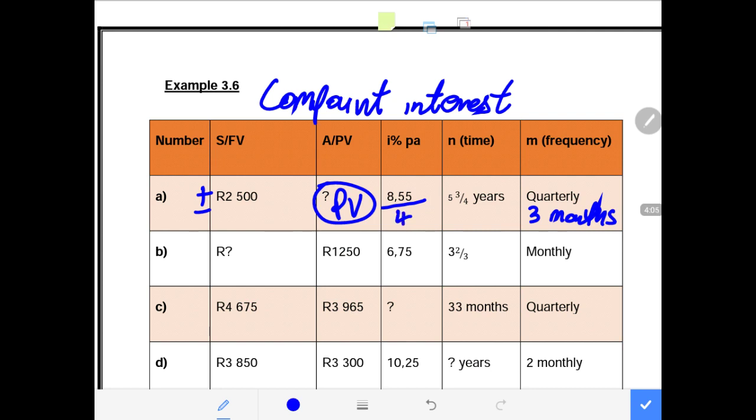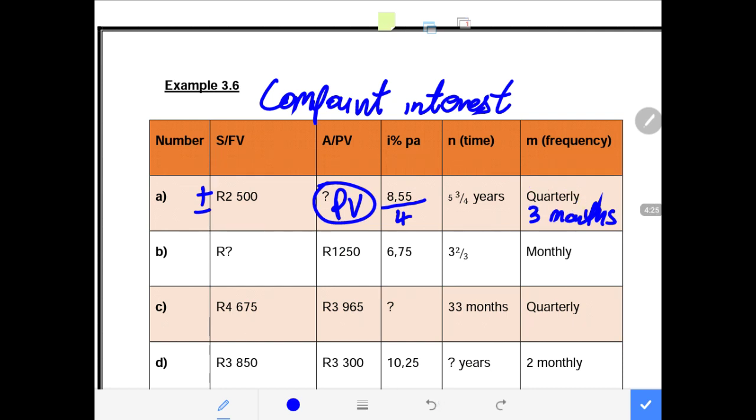So when we punch our I in our calculator, we need to make sure that we divide by 4, which is the number of compounding periods in a year, which in this case is quarterly, meaning it is 4 times in a year.